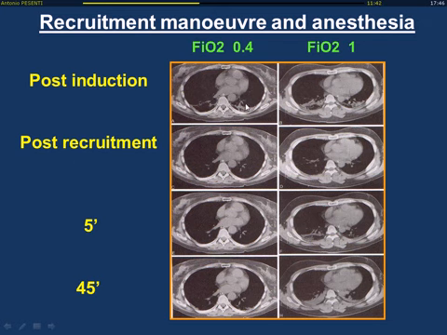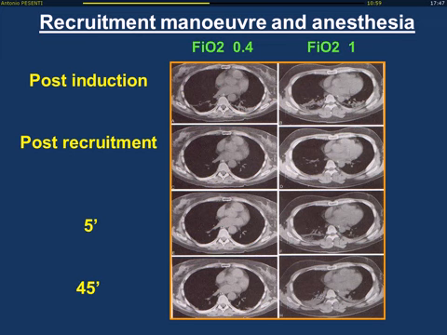It has some paravertebral atelectasis, which is reverted by a recruitment maneuver, and the recruitment stays there at 5 minutes and 45 minutes. But at a FiO2 of 1, first of all, the atelectasis is bigger to start with. It is indeed reversed by the recruitment maneuver, but in 5 minutes it is already back, and in 45 minutes it is as much as it was at the start.